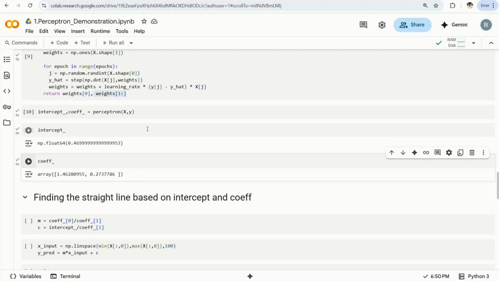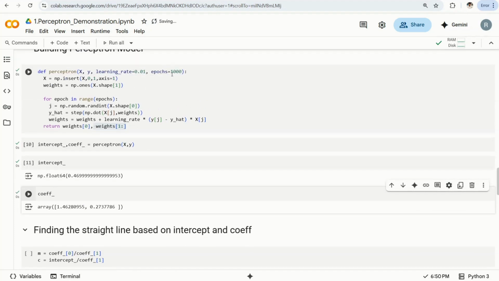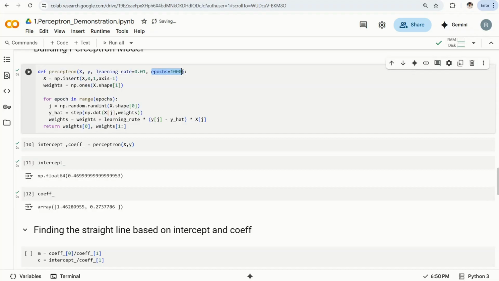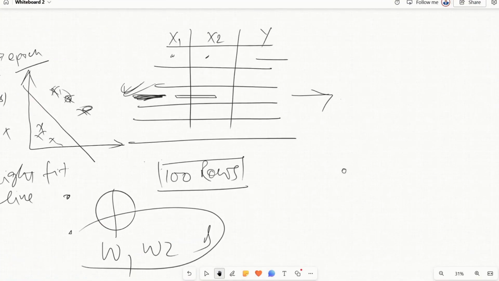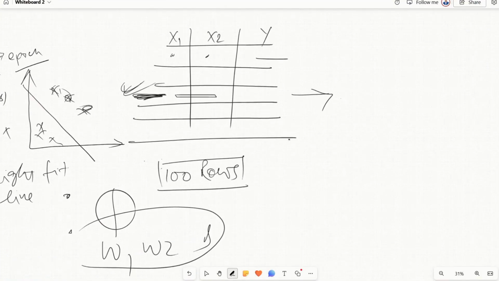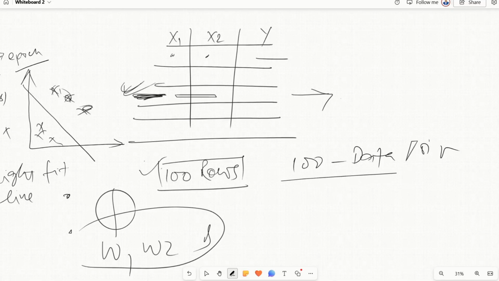So after running 1000 loops, I have how many data points? I have 100 data points, because I have a total of 100 rows. And I did a for loop of 1000 times.